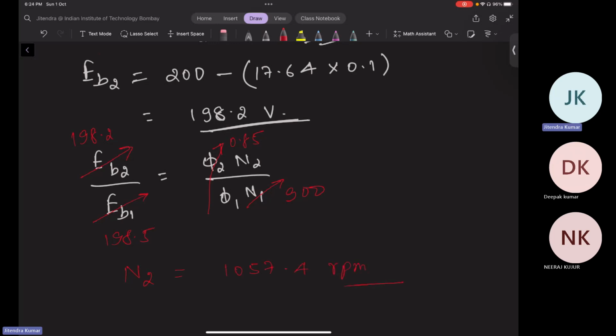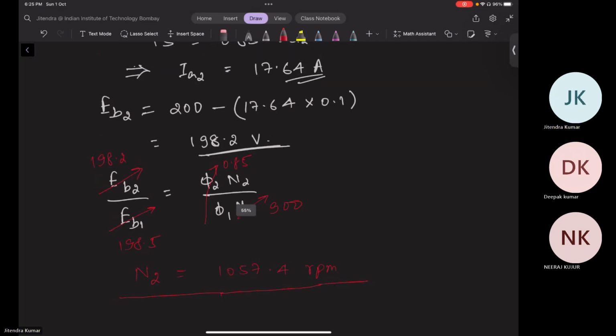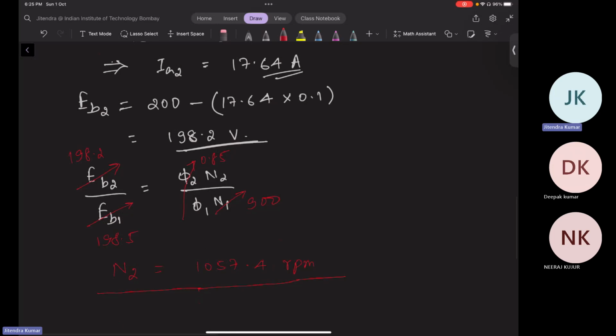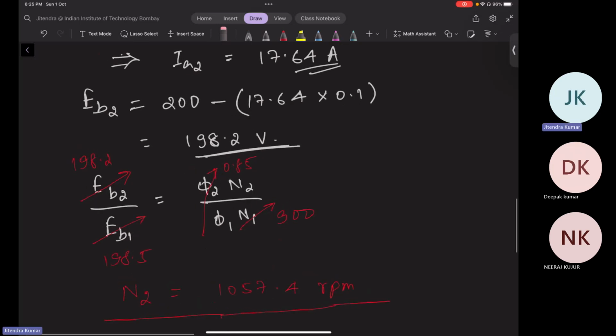So at steady state, the rotor will settle at 1057.4 RPM. This will be the speed at which the motor will operate in the steady state. Okay, is it fine? Deepak, are you getting it?